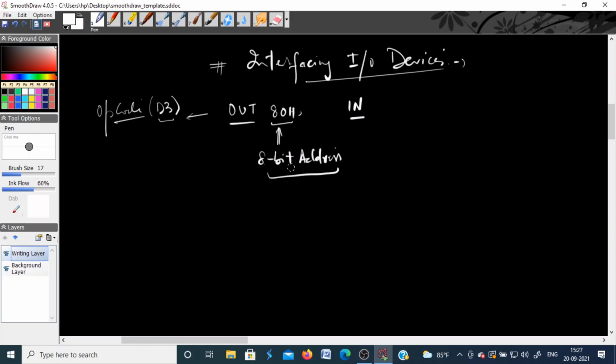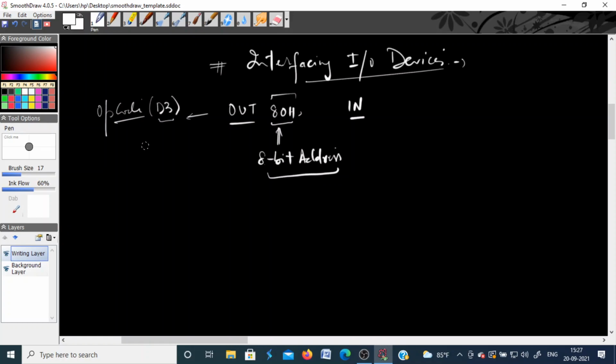So if you write OUT 80h, the processor will transfer the contents of the accumulator to the port having the address 80h.